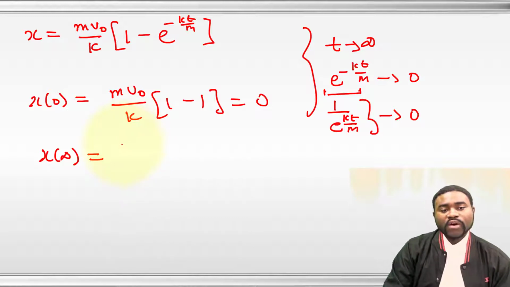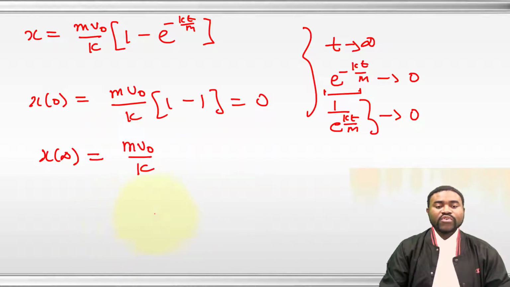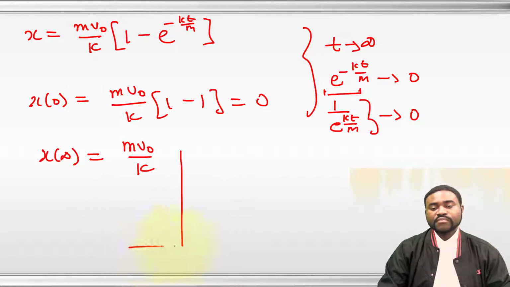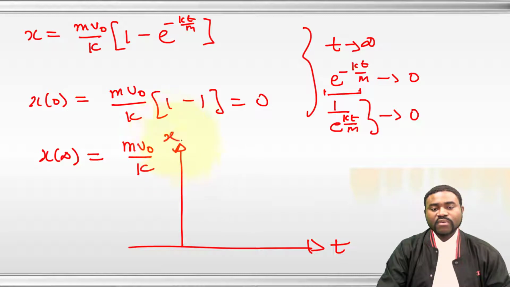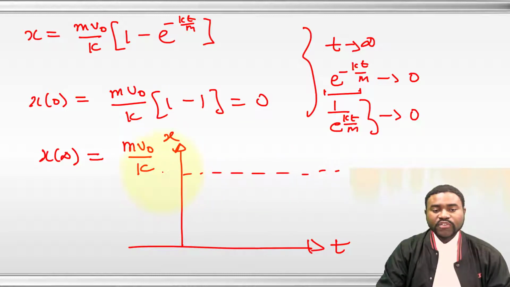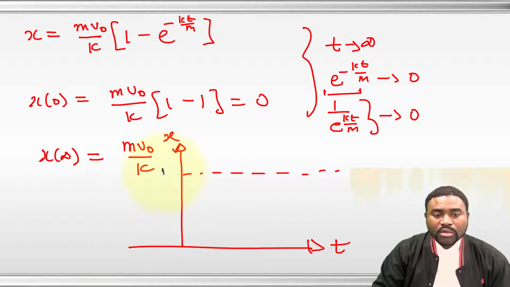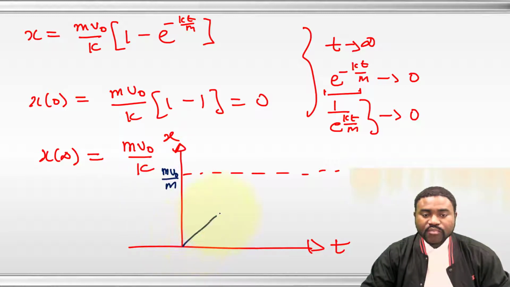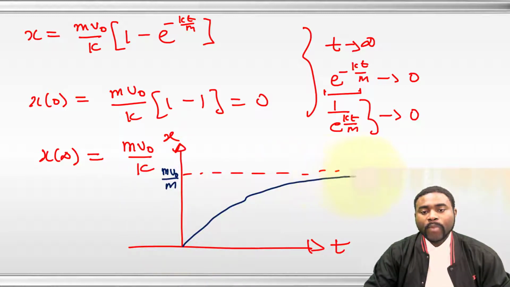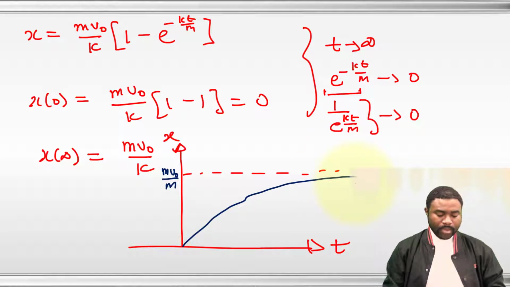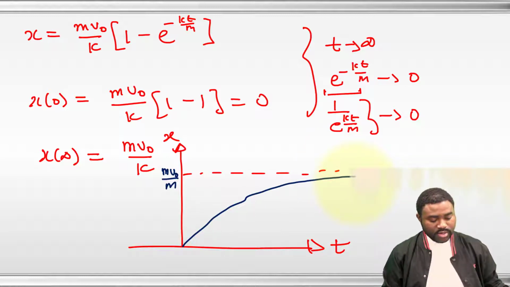Therefore, we now have here m v naught over k. So if we draw a graph of x against t, this is m v naught over k. It's going to be like that.